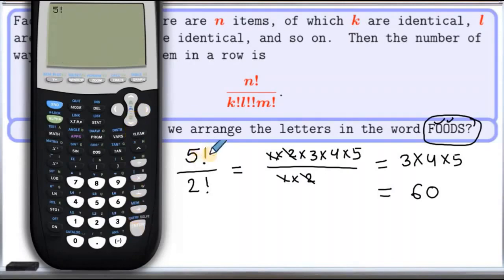Now you are dividing 5 factorial by 2 factorial. So type in divide, then type in 2, then go to math. Then you do the same thing as you did for 5 factorial: select probability, go to number 4, then hit enter. Then hit enter again. That gives 60 as well.